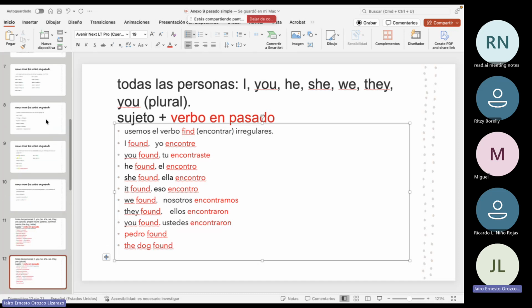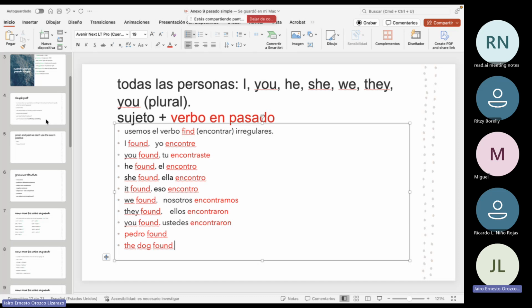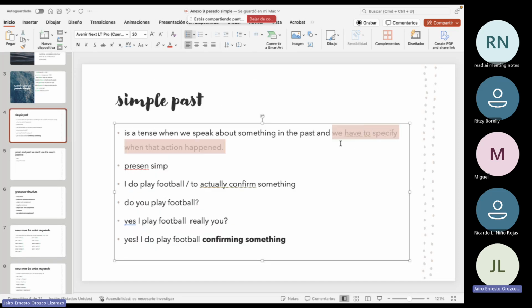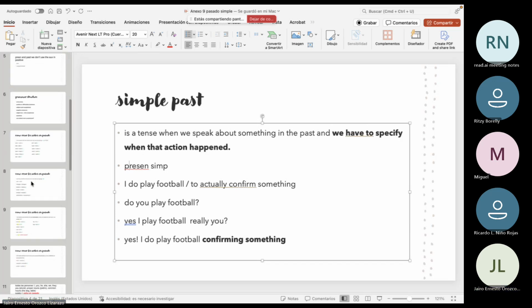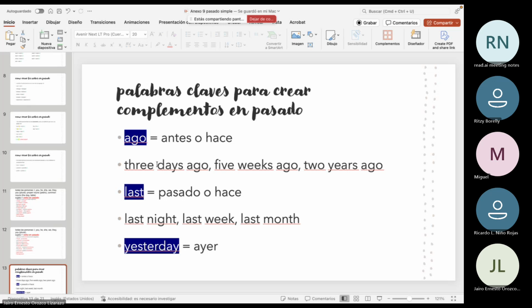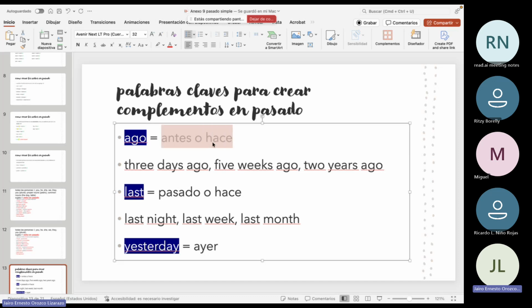Like I said before, in simple past, we have to specify when the action happened, right? Which is why there are some complements that are very common in past simple. For example, ago, in Spanish, hace.